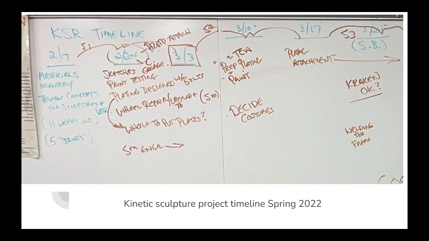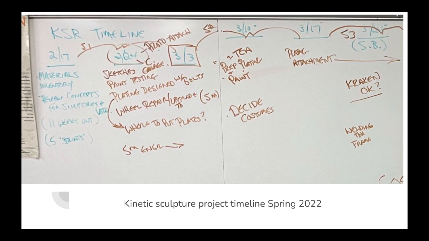You can't see that because I wanted to zoom in so you could see what we actually wrote. But look at all these product backlog tasks we are trying to prioritize. So what do we need to do first on Feb 17th? Do a materials inventory. What do we have? What do we need? Review the concepts.